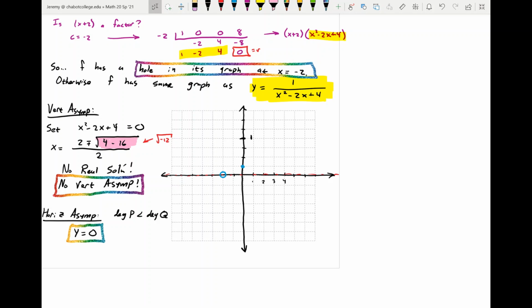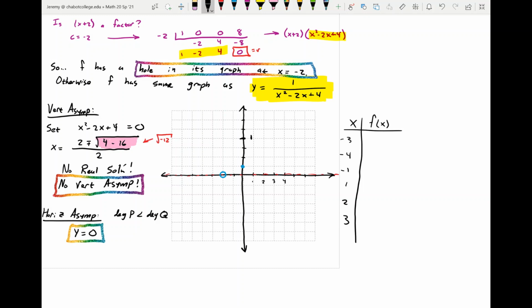Okay, great. Now from here, I'm going to make a table of values just to get a few extra points. I'll plug in -3, -4, and -1, between my x-intercept and my y-axis. I already have 0. I'll plug in 1 and 2 and 3, and I think that's probably enough.